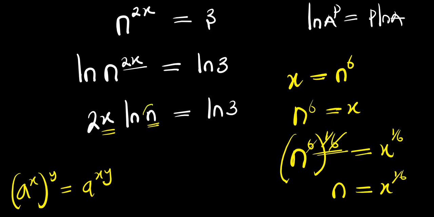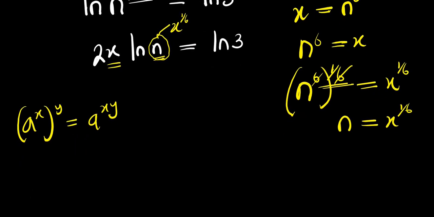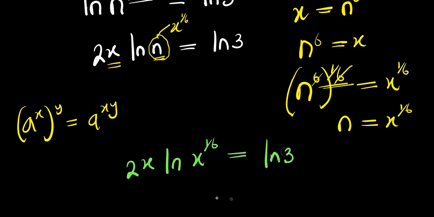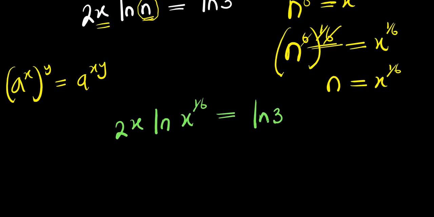So we are going to replace this here with x power 1 over 6. Let's do that and rewrite the equation. So we have 2x times natural log of x power 1 over 6 equals natural log of 3. Now I'm going by the same identity again.